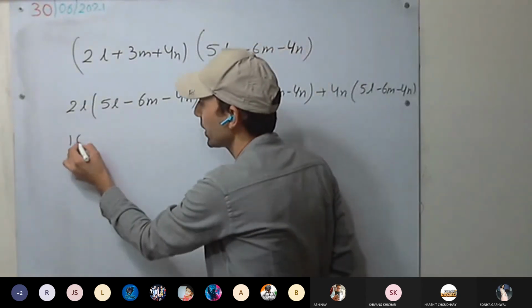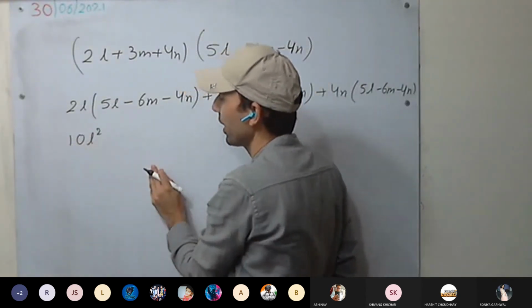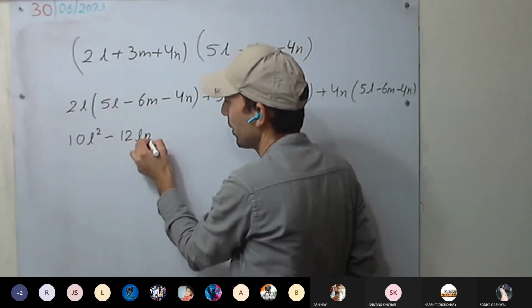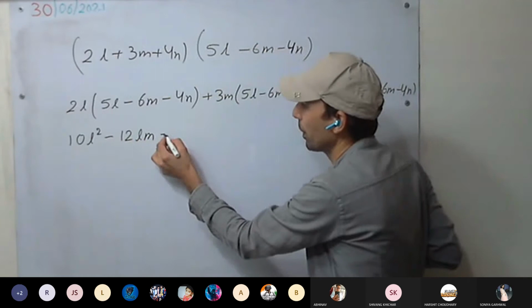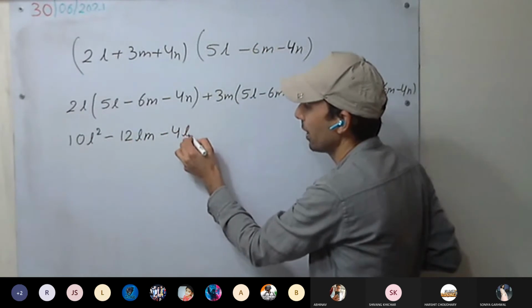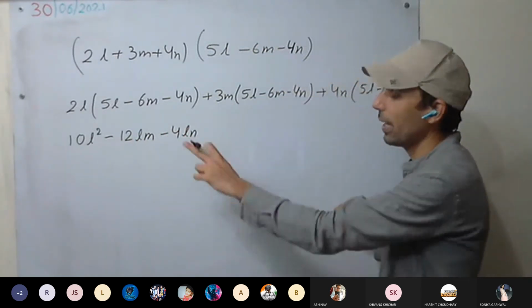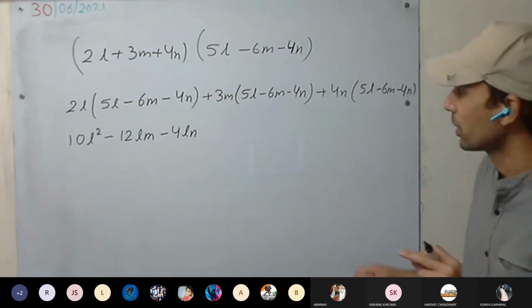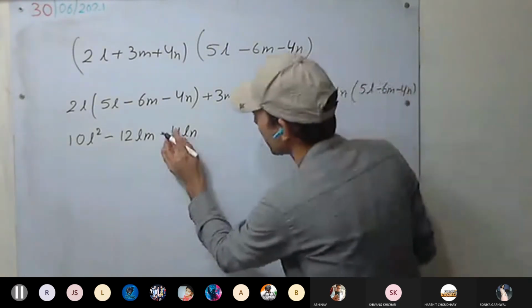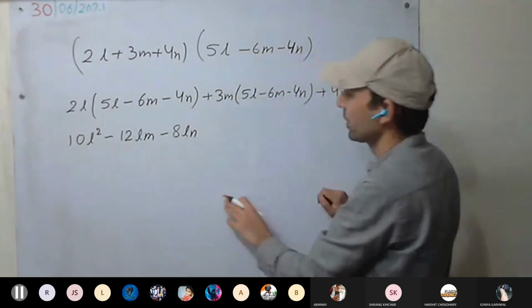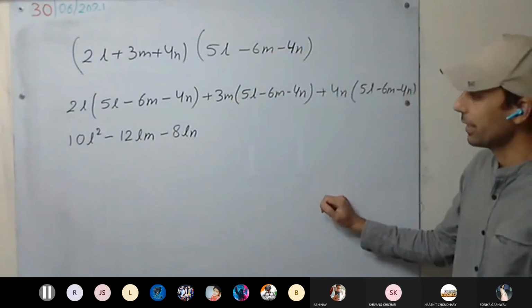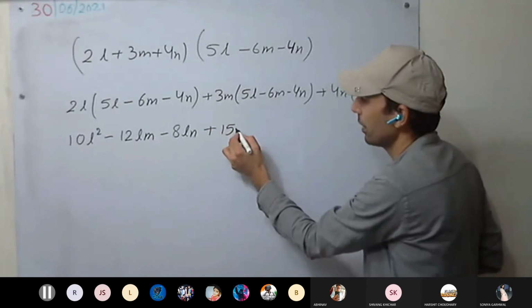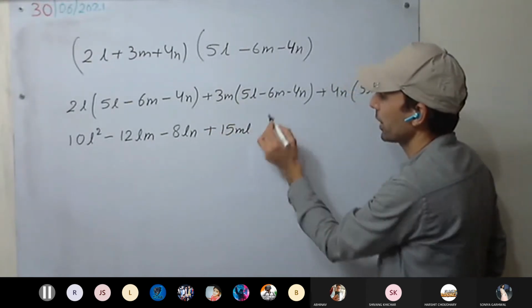So it will be how much? 10 L square minus 12 LM. Minus 8 LN. I'm writing in the order L, M, N only. Minus 8 LN. Plus 15 LM.